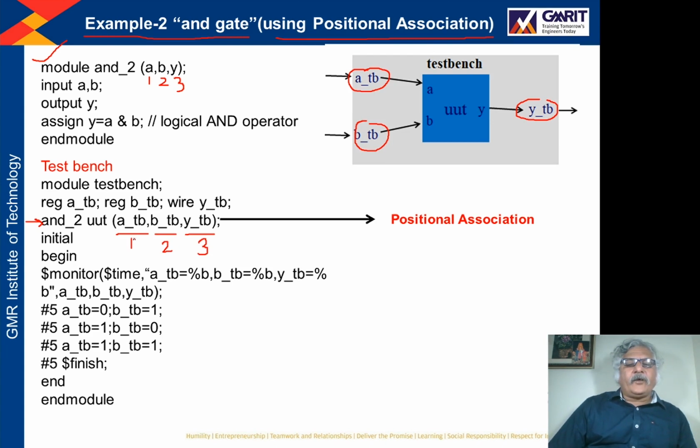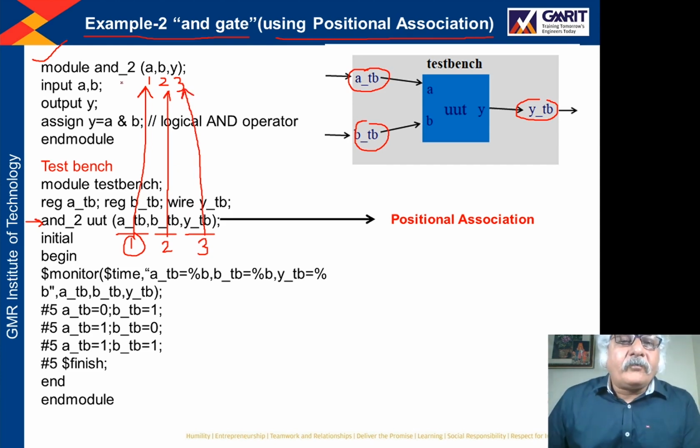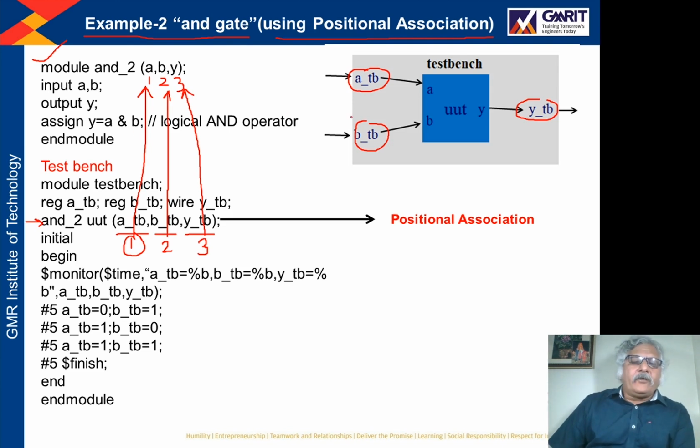So the first position will be attached with the first port of the unit under test. The second, B_TV, is linked with the B port, and Y_TV is linked with the Y port, right? So this is called positional association.